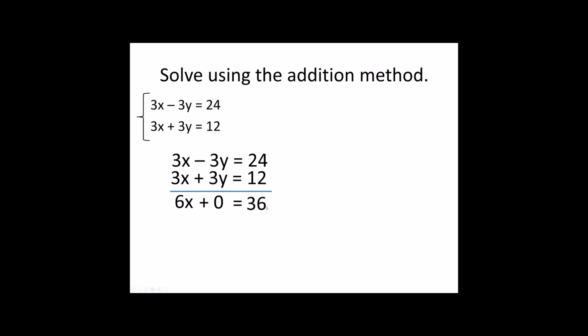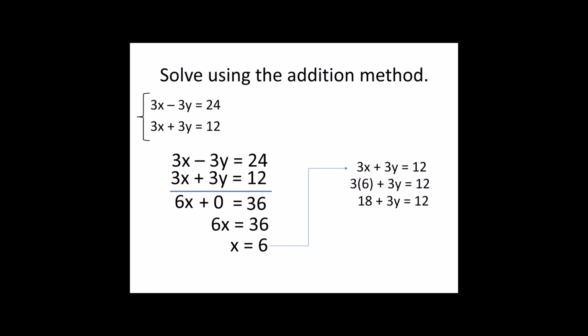The advantage of this third equation is that we have x's and no y's, which means we can solve this. X is a 6. Just like before, once you know that x is a 6, you can pick either of these equations, plug that 6 back into that equation, and solve to find your y.